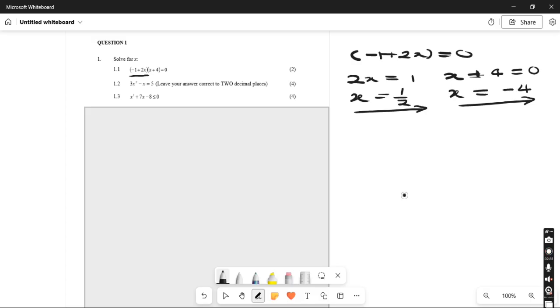And moving on to 1.2, we've got 3x squared minus x equal to 5. They say you should leave your answer correct to 2 decimal places. This already tells you that your answer is not going to be a whole number. Your answer is not going to be like this one, or like -4 there.